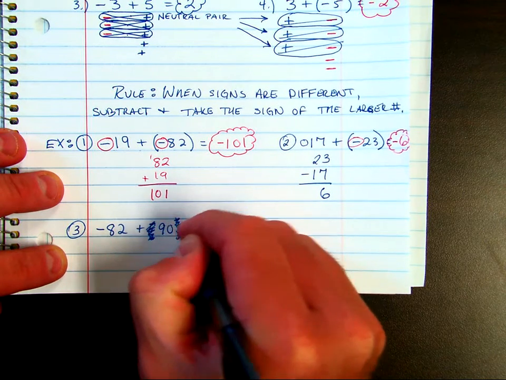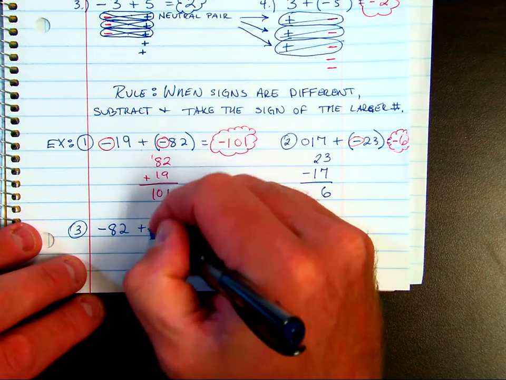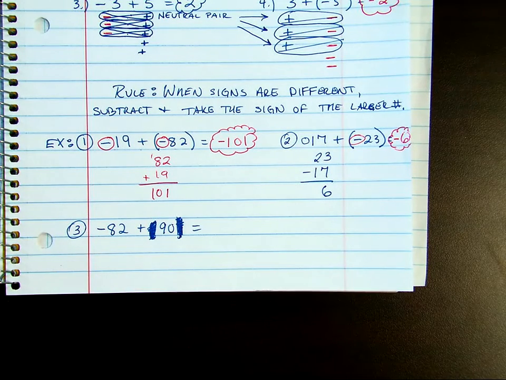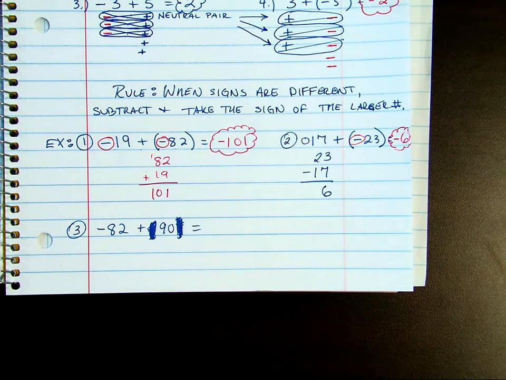Don't know why I tried to put parentheses around that. Let's do negative 82 plus 90. Now this is an addition problem because there's an addition sign. Are we going to add these two numbers together? Yes or no? Julian? No. Why not?